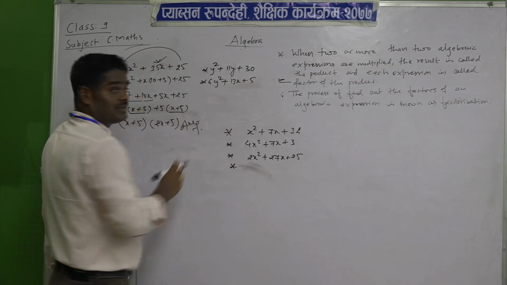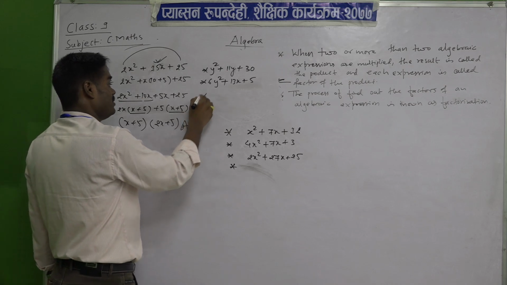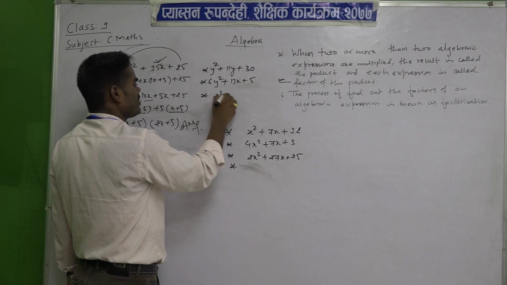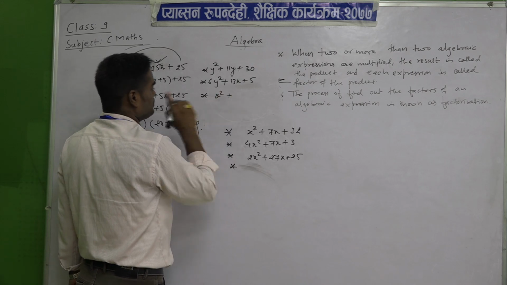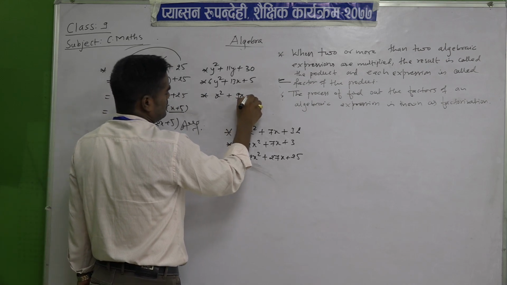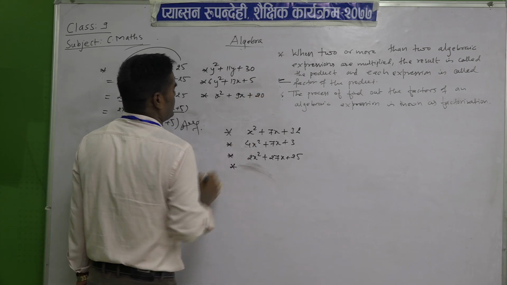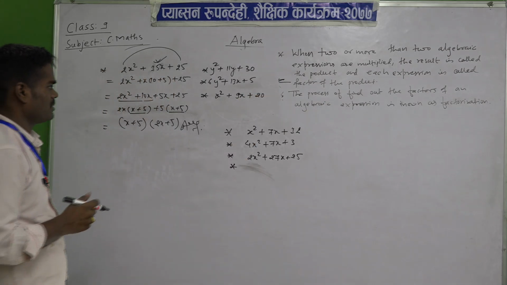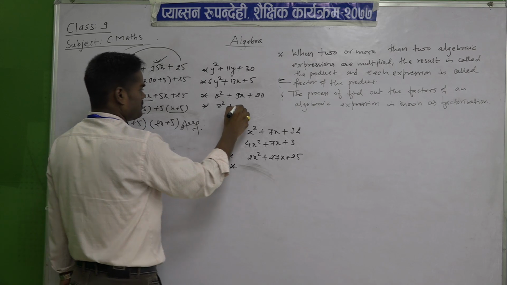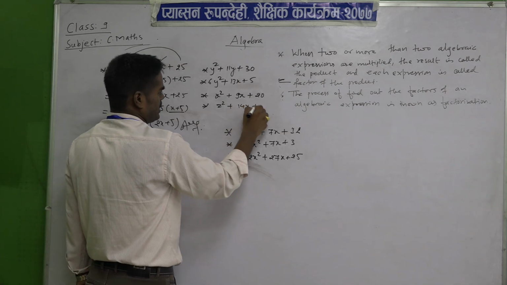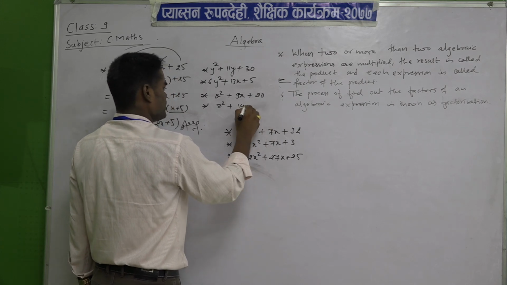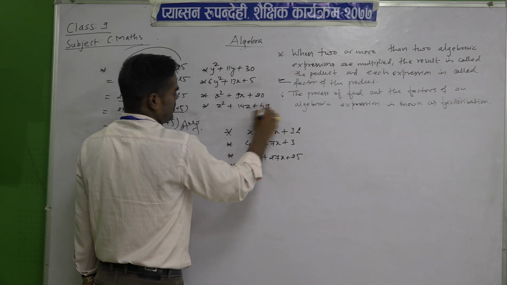So, all these you have to solve, and one more question is there. See here, x square plus 9x plus 20, and z square plus 14z plus 49.